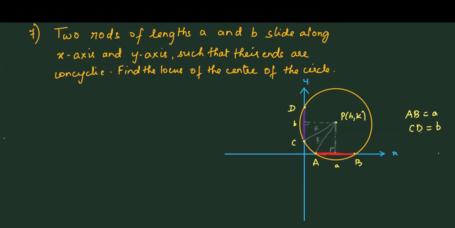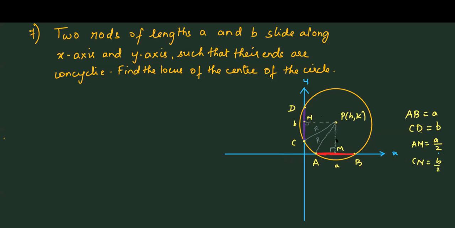Let us call the midpoints M and N. What is AM? AM will be a by 2. And CN is b by 2. And now you have solved the problem.